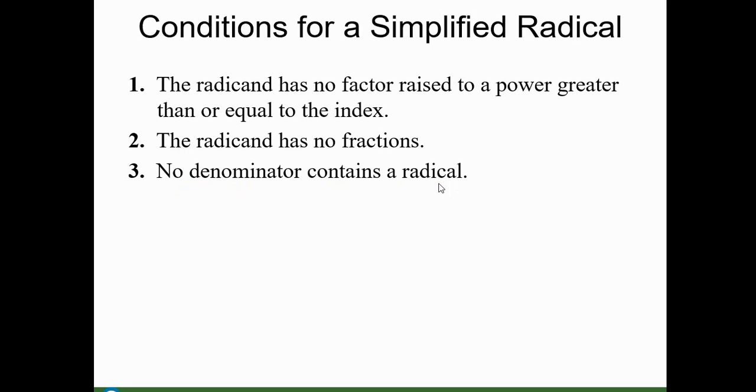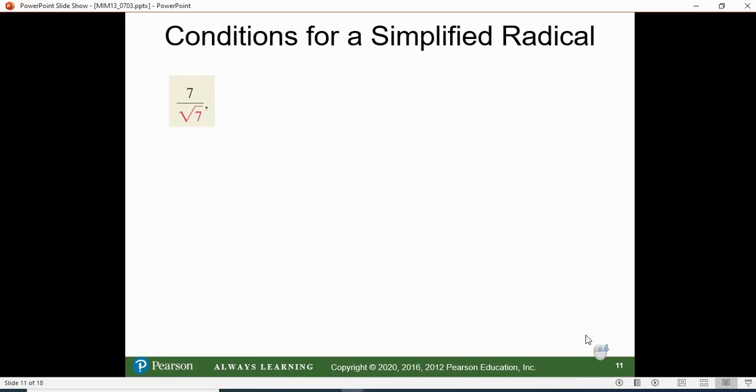It's just the way that they want us to simplify these things based upon certain rules. Okay. So what we used there in class was this example here, 7 over square root of 7. It violates that number 3 rule there, that no denominator can contain a radical.